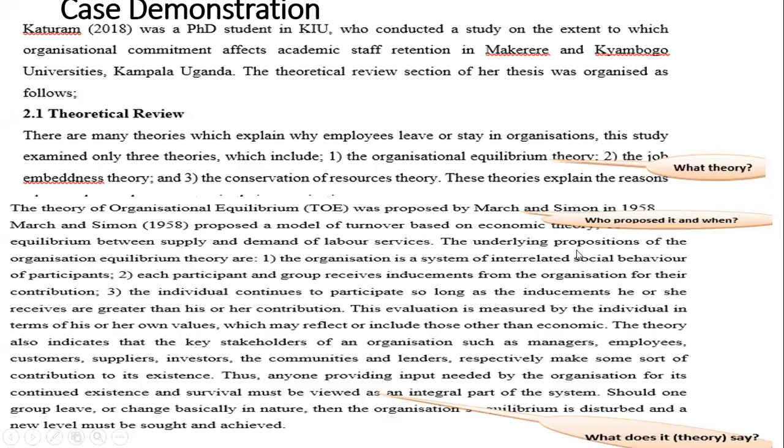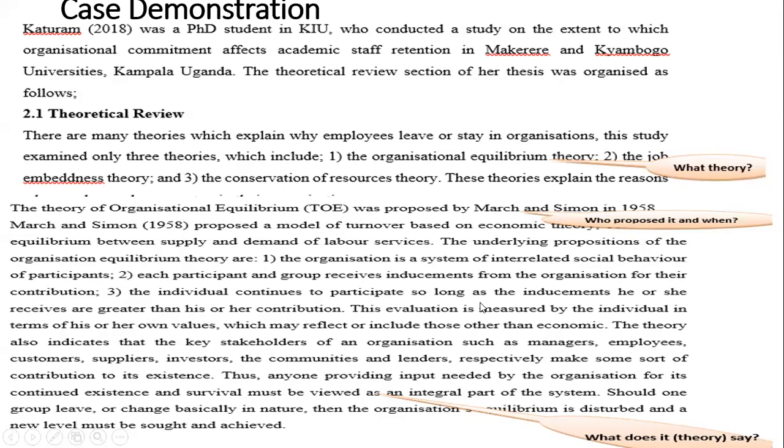Down here, you will see that for each theory, the student mentioned who developed it. For example, the organizational equilibrium theory was developed by 2 people, March and Simon, in the year 1958. So, who and when?